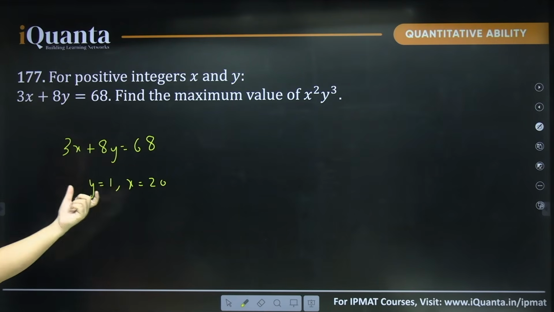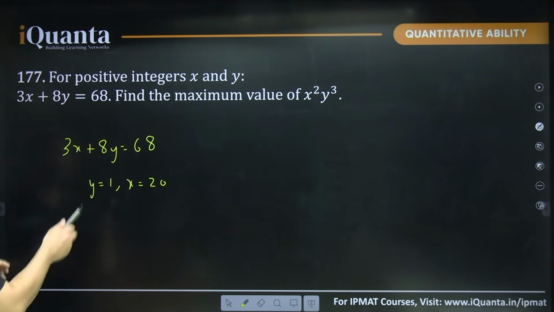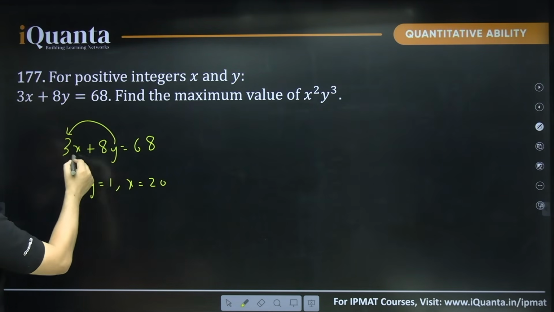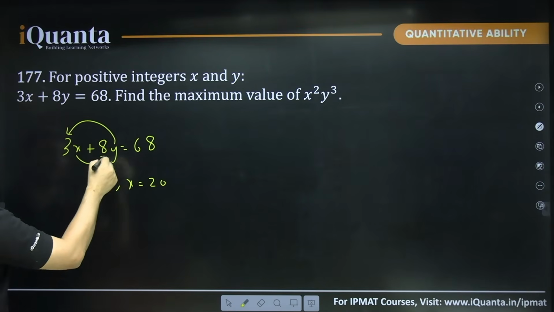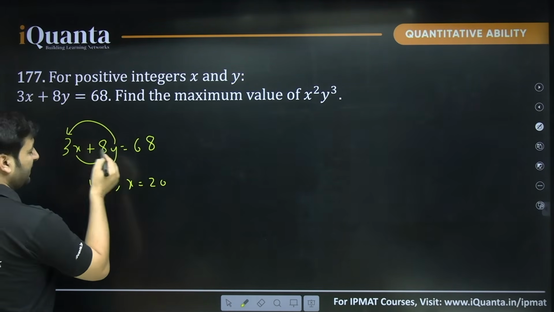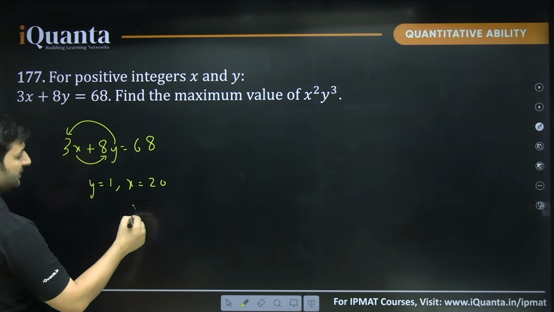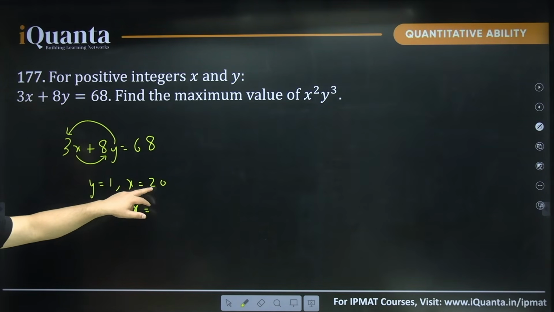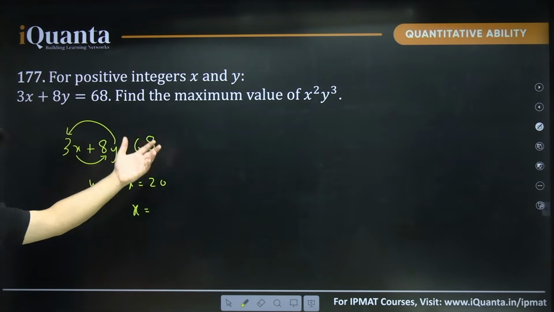Whenever you get one solution to this equation, the values of y will occur at a gap of coefficient of x, while values of x that will satisfy this equation will occur at a gap of coefficient of y, which is 8. So x values that satisfy the equation will occur at a gap of 8. So the next value of x will be either 8 more than 20 or 8 less than 20.